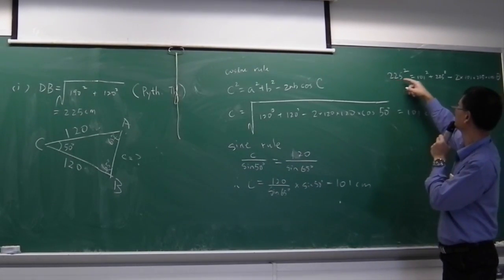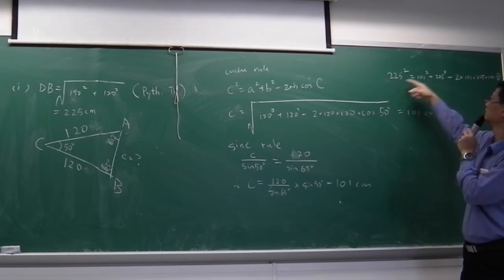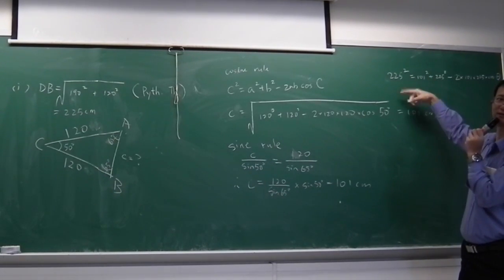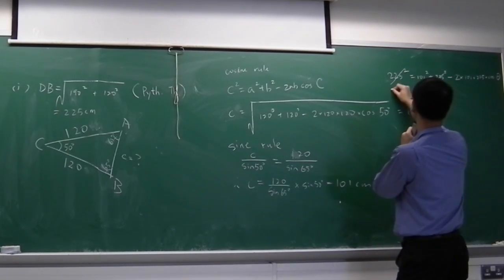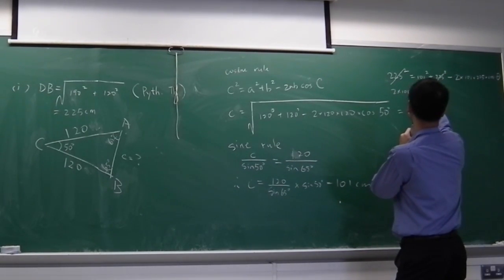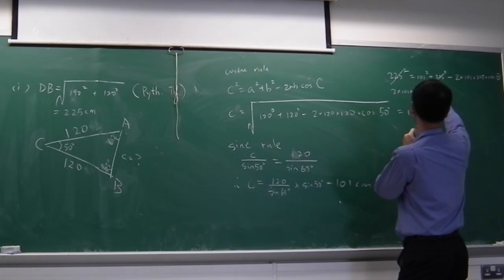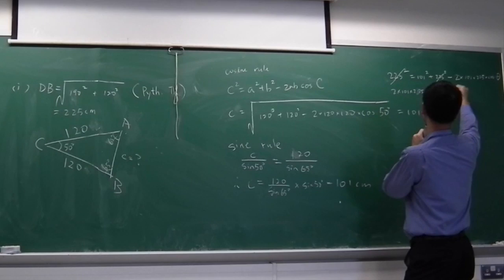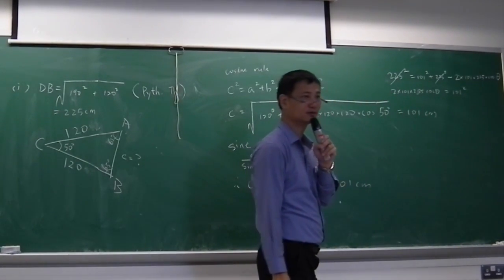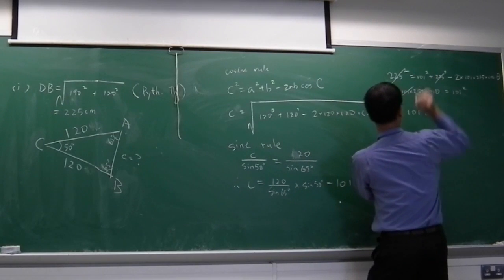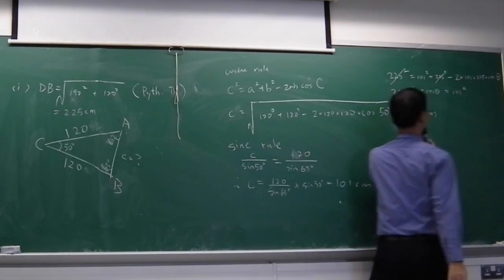First of all, we have 225 on both sides, so it can be eliminated. It just cancels out. So we have 2 times 101 times 225 cosine theta equal to 101 squared. Can you see that? And 101 and 101 squared can cancel one.